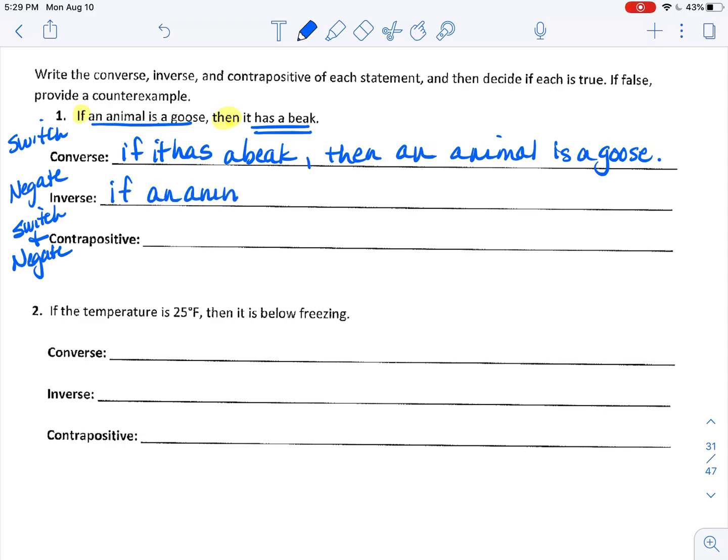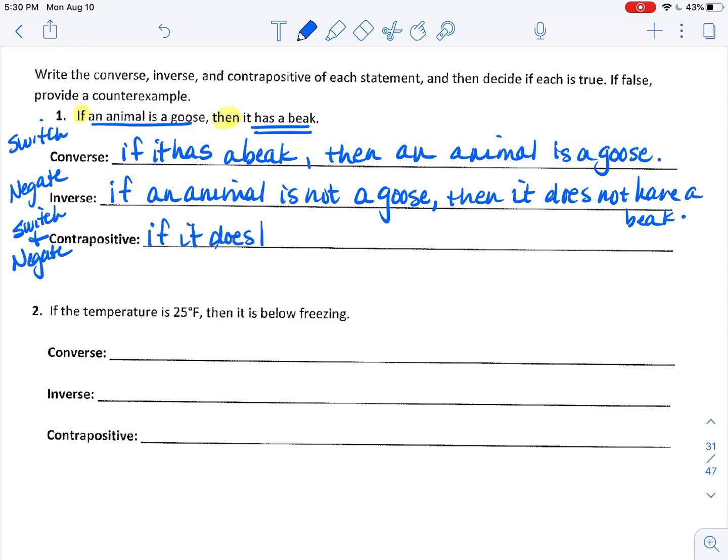If an animal is not a goose, then it does not have a beak. And contrapositive, let's start with the converse and negate it. If it does not have a beak, then the animal is not a goose.